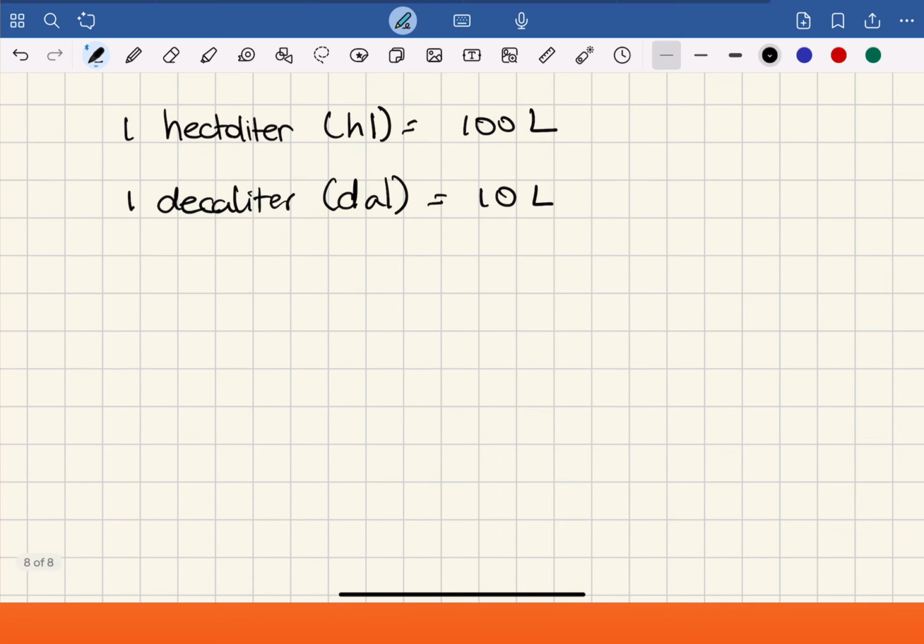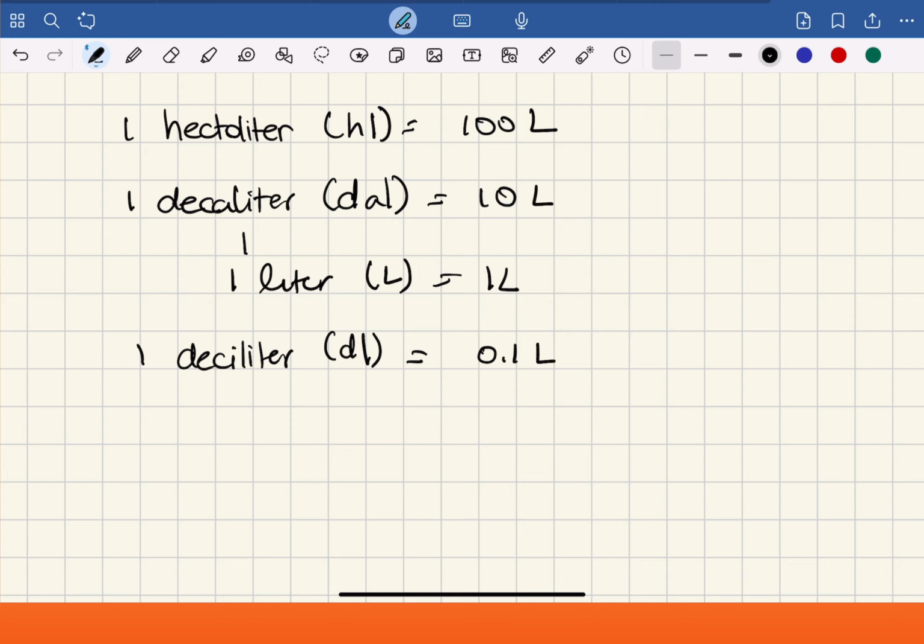And then we have the basic one, our base is 1 liter, which is 1 L, okay? And then we have the decimal part, which is 1 deciliter, abbreviated dL. Remember that deci means tenth, so 1/10 of a liter.